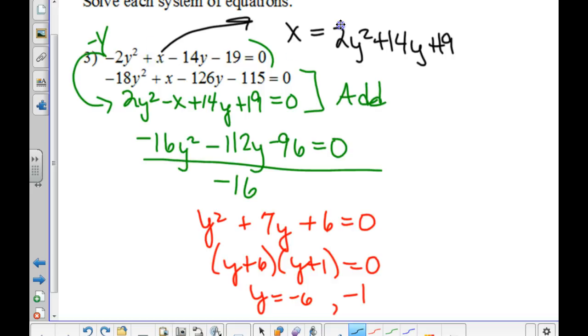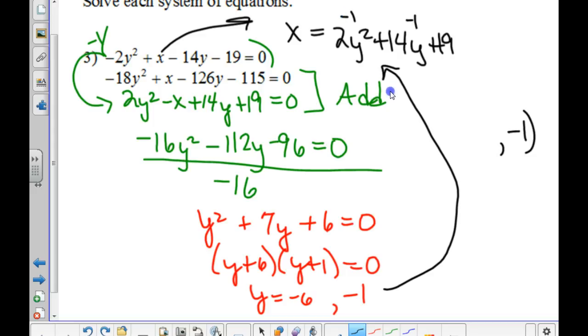I moved everything else over to the other side, and then I could plug these in to find x. So when y was -1, if I put a -1 in here and here, 2 minus 14 plus 19.